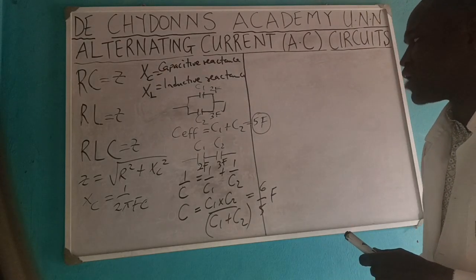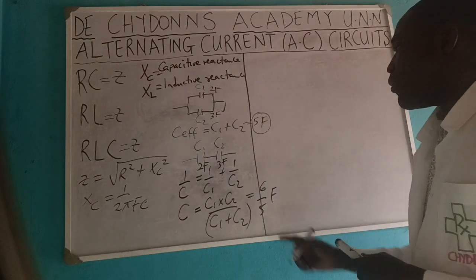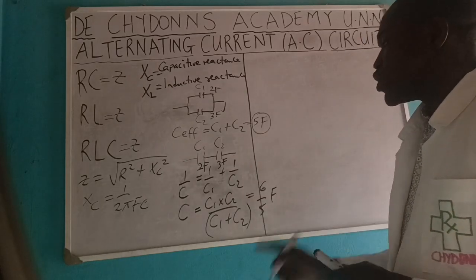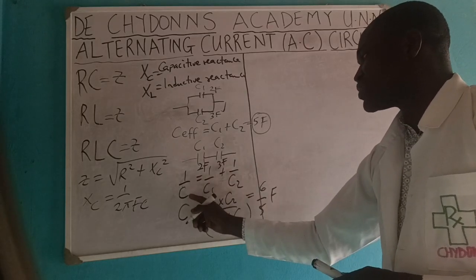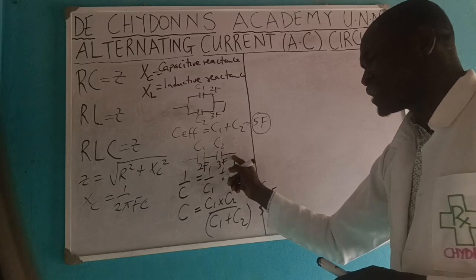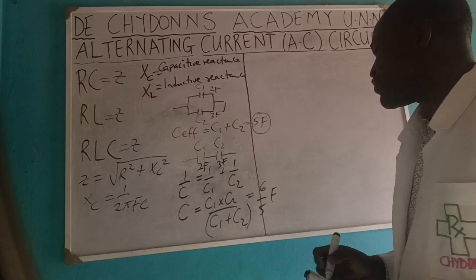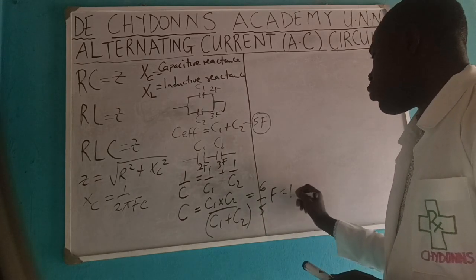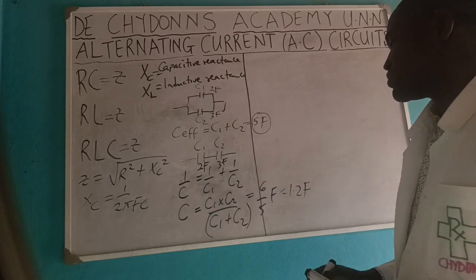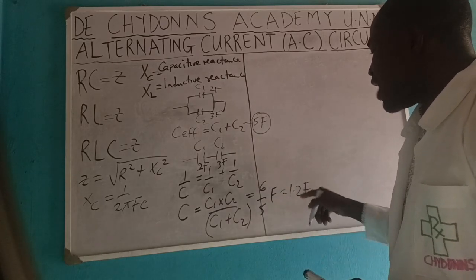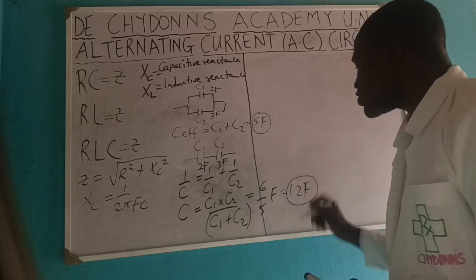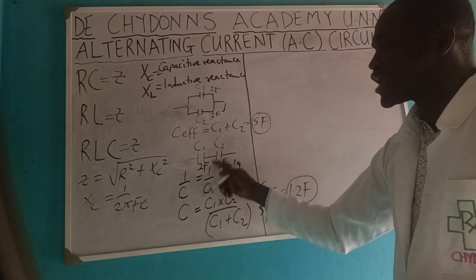Are you getting it now? That is about this. But when you come to series, you see that the effective capacitance of the capacitors in this circuit is 6 over 5, which gives you 1.2 farad. 1.2 farad. Now, the effective capacitance of the capacitors in a circuit that are in what?